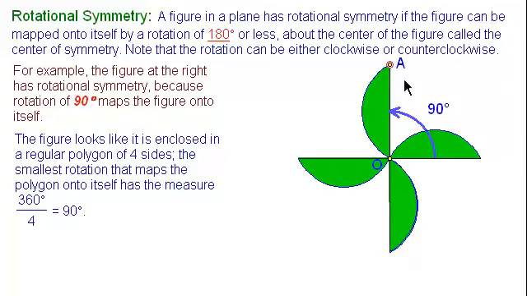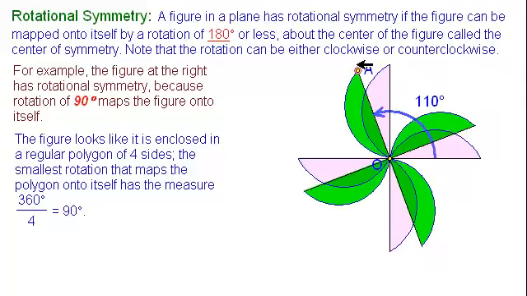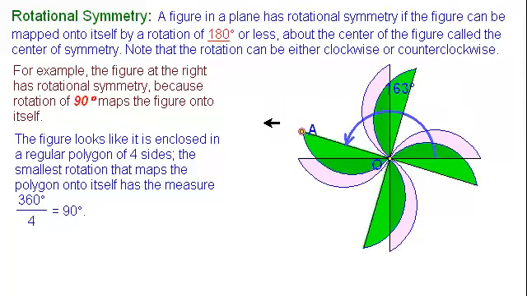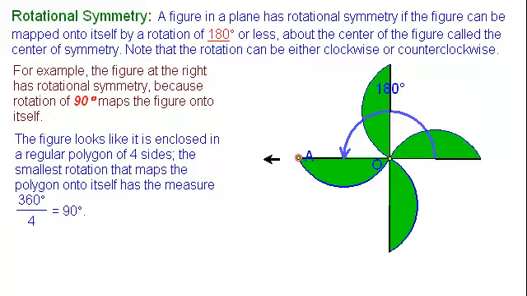If I continue moving further, it will match again exactly when the angle of rotation is 180 degrees. So this figure has the least angle of rotational symmetry of 90 degrees, and then 180 degrees.